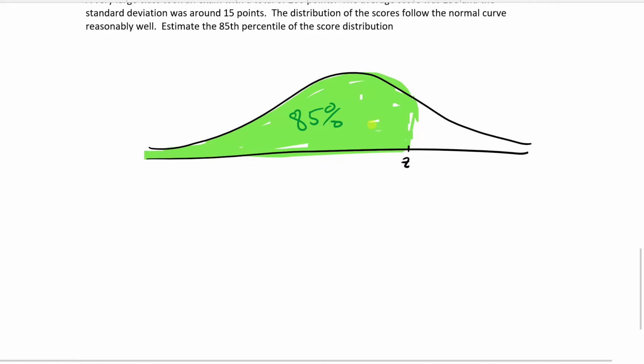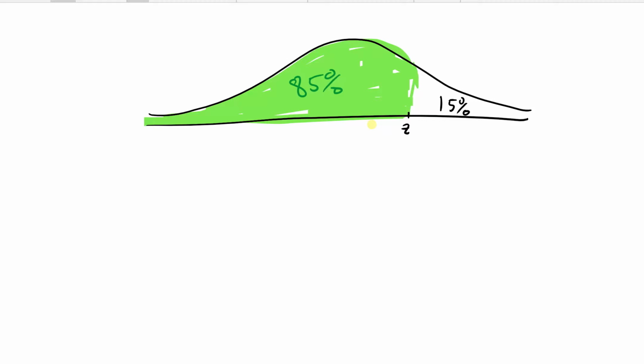If the area to the left of Z is 85%, that means the area to the right of Z is 15%. Now, why is it 15%? That is because the entire area under the normal curve is 100%, and 85 plus 15 is 100. This also tells us something else.